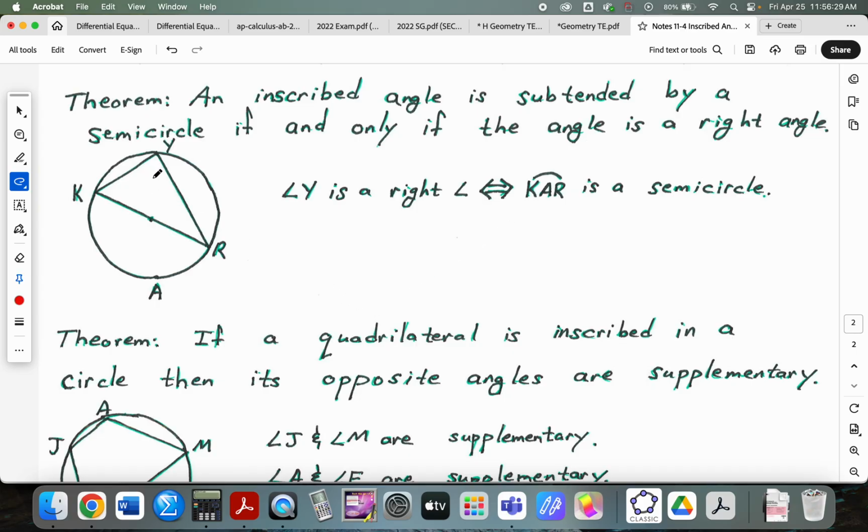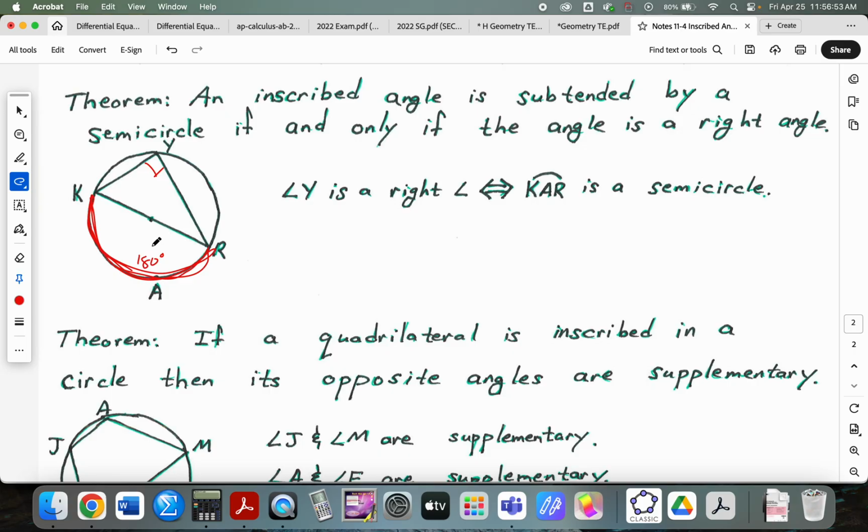So here, if we know that angle y is a right angle, then we know that this arc that connects the ends, the intercepted arc, has got to be 180. Or, if we know that that arc's measure is 180, we know that this angle is 90.